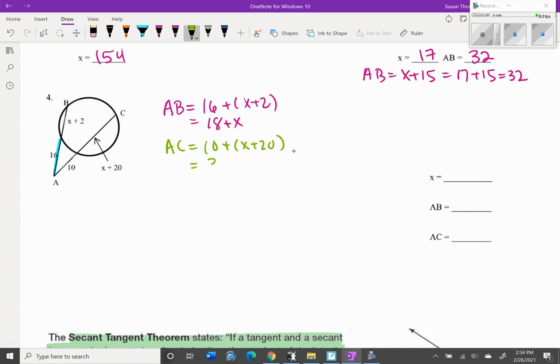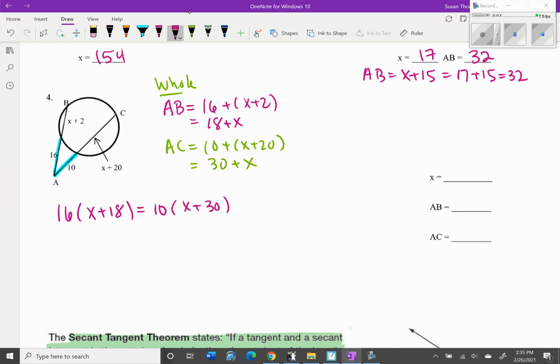So 30 plus x, or x plus 30. So that's the whole. And then the outside for this line is 10. So we have the outside for AB times the whole equals the outside for AC, which is 10, times the whole, which is x plus 30.